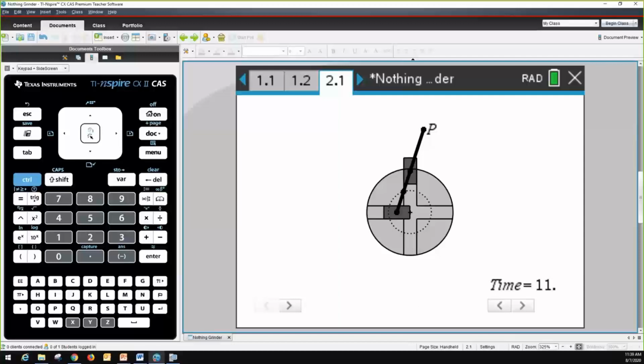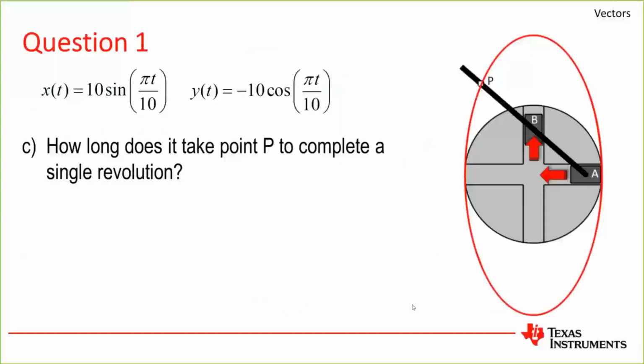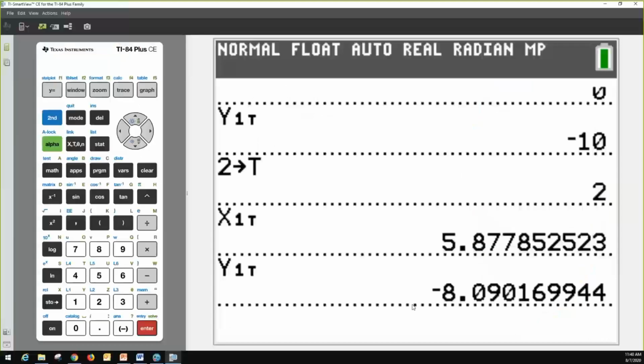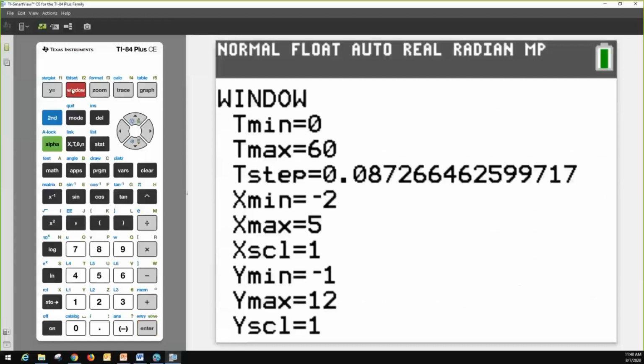But on the actual TI-84, if I wanted to draw a graph, I've got the equations in already, but watch what happens when I go onto the window settings when I'm in parametric mode. It says T minimum equals 0, T max equals 60, and I've got some values down here. I'm going to put these as -10. Actually, I'm going to bump that out a little bit, -15, and 15.